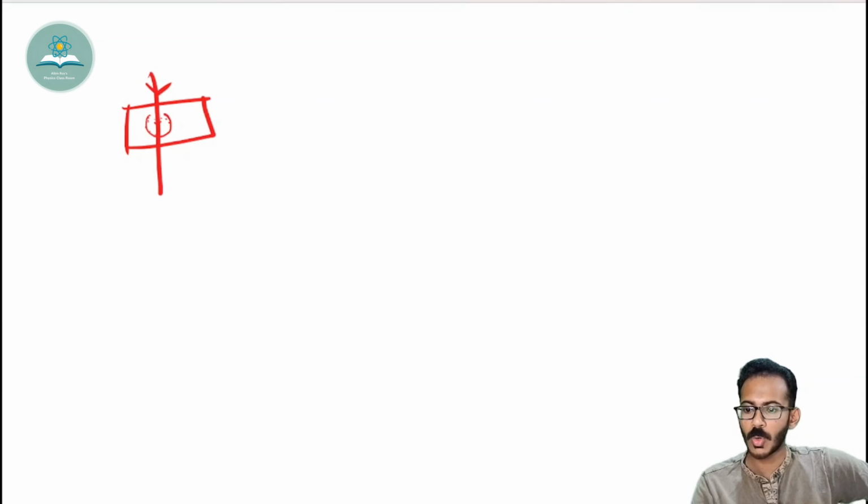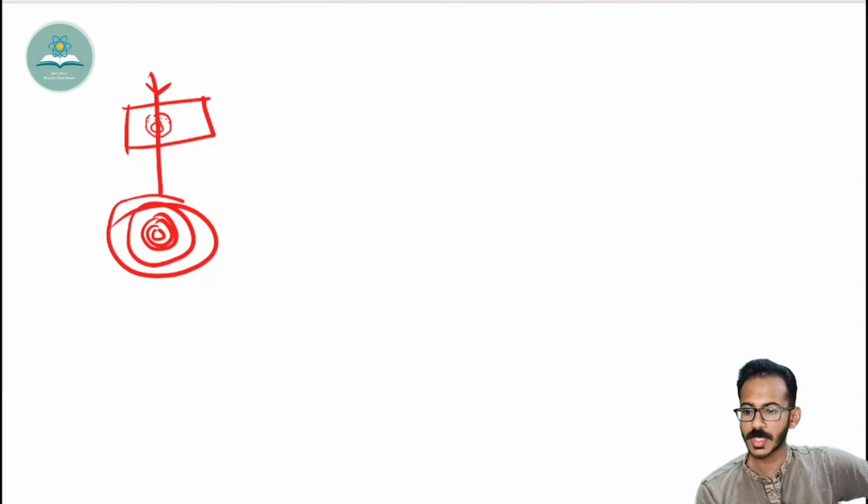There will be a lot of circles and the circles will be very much close near to the current carrying conductor, but when we go far away from it, the circles will go wider and wider. The distance between each circle will increase. This shows that the magnetic field strength is decreasing. So near to the current carrying conductor, the circles will be very much close. When it goes far away, the circles will go away from each other.